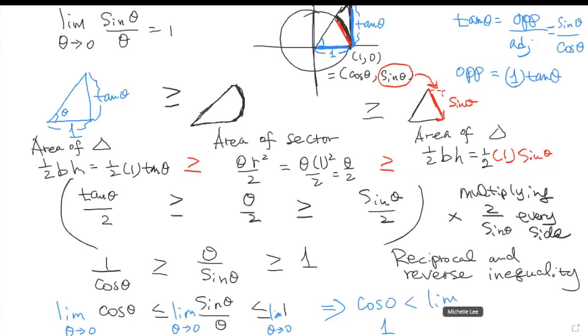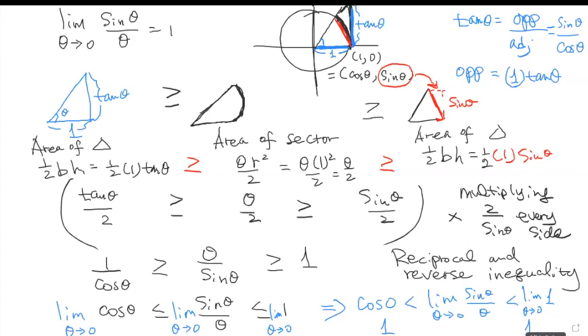Then when theta approaches 0, what is the limit of 1? What do you get? It's 1. It's constant, right? A constant is always constant. Okay.